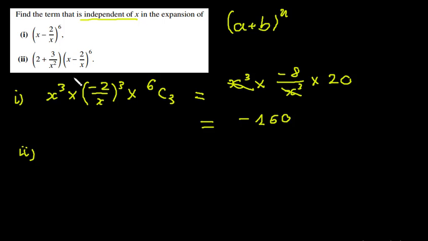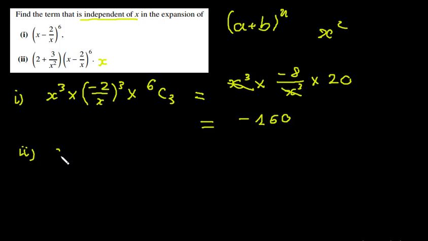So we want to find the term that is independent of x. We will have to find the term of x squared of this one. When x squared is multiplied by something over x squared, it will cancel. So now we have to find the term of x squared in here, and we have 6.